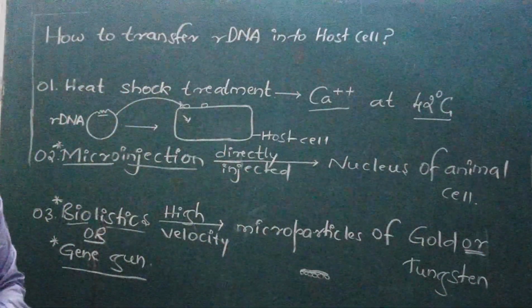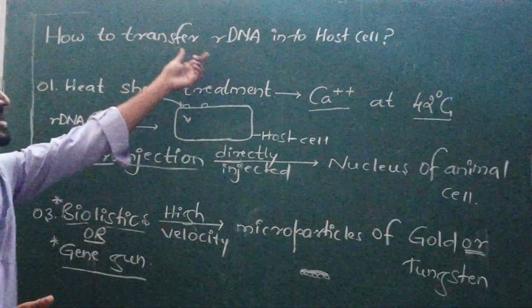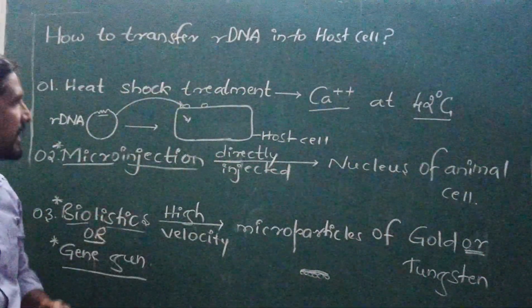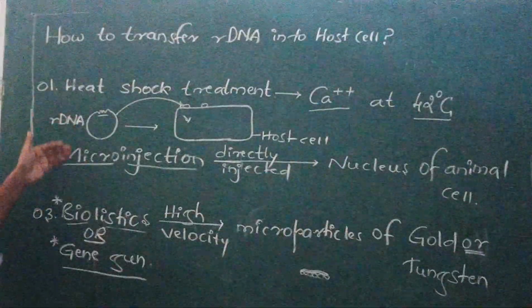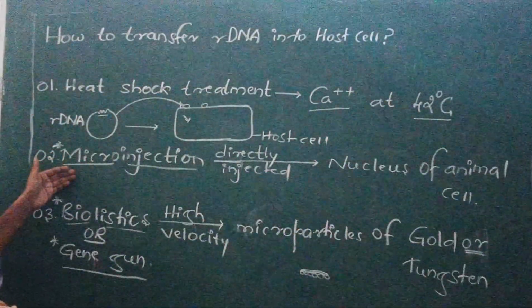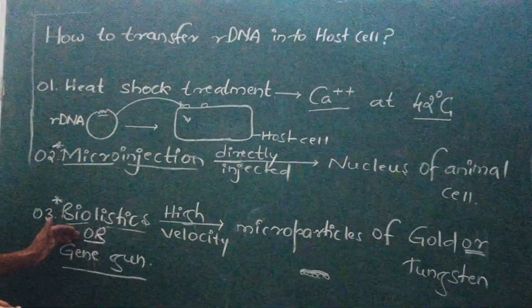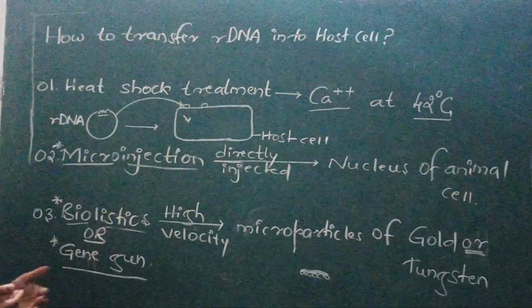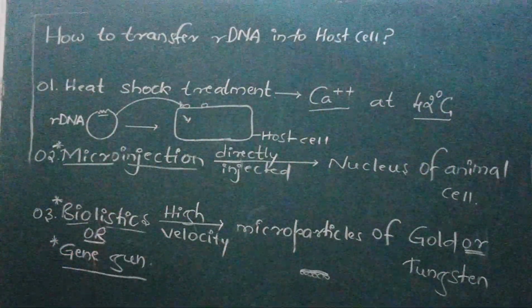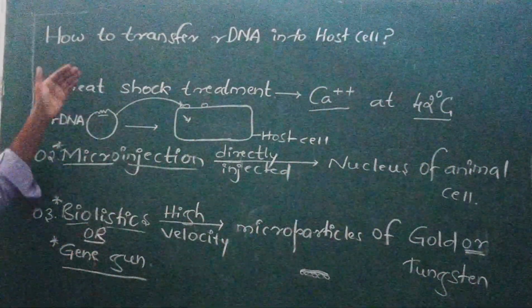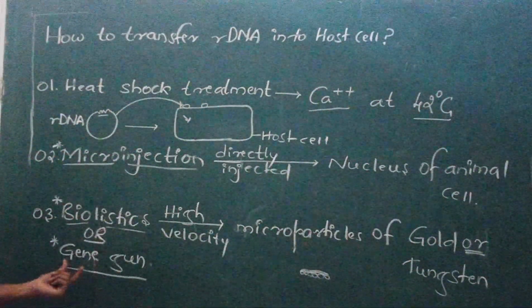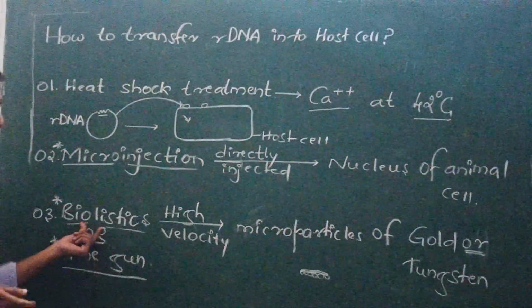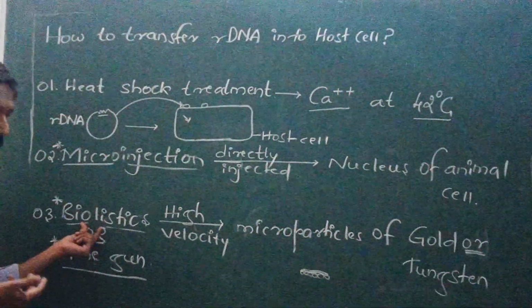So this is how you have studied the transfer of rDNA into the host cell, and it takes place by the help of heat shock treatment, second microinjection, third biolistics or a gene gun. You may feel that in short notes for 3 marks or 2 marks this question may arise, or for 1 mark they may ask just what is a gene gun or what is biolistics.